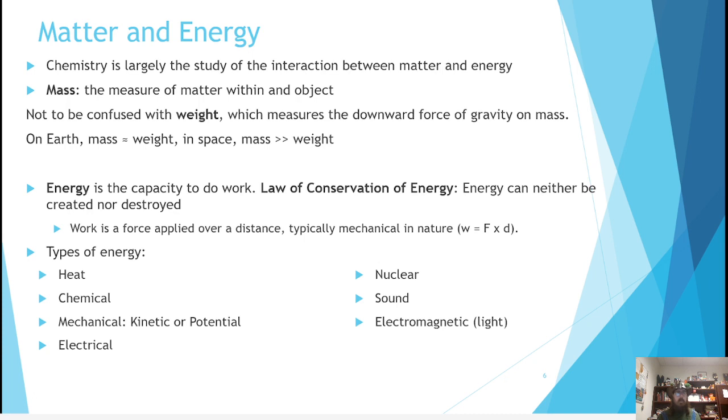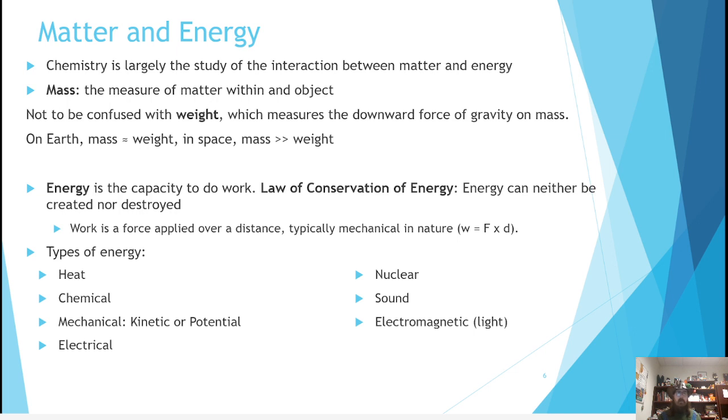So, largely we've talked about matter and energy. Matter, but not so much about energy. So, there's a few more terminology we need to get in before we are ready to really start. Remember that mass is the measure of matter within an object. This is not the same as weight.